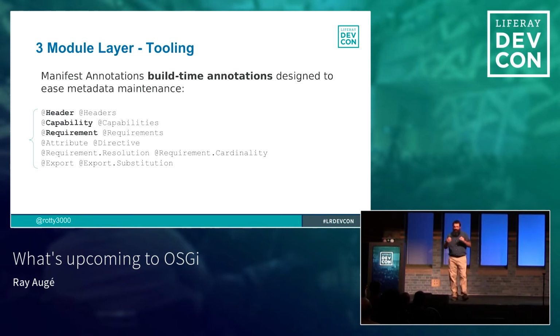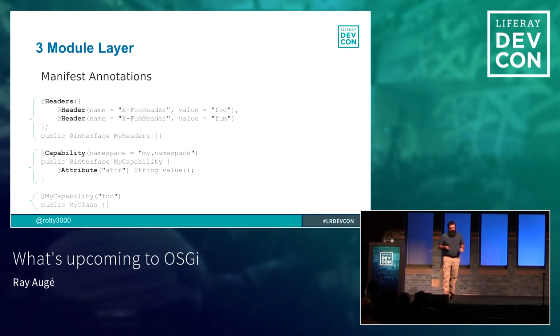You can make meta-annotations out of these, and it's a really nice way to put typed information that will lead to metadata. Annotations make this a lot easier to deal with, and much more portable for developers to reason about.